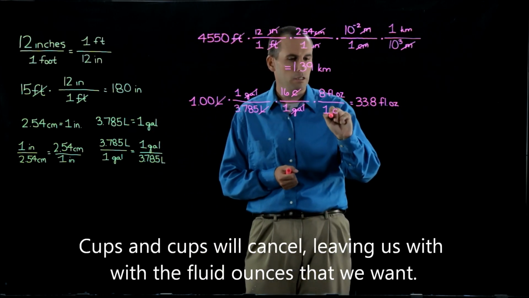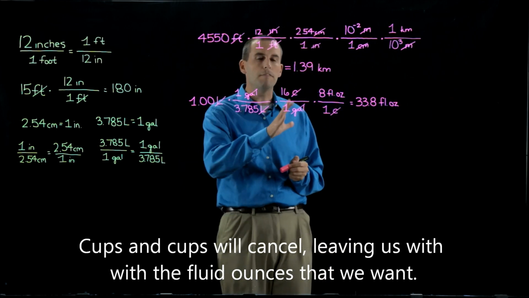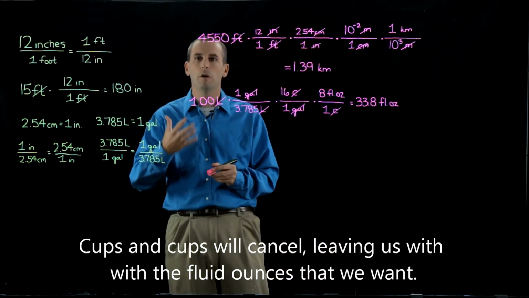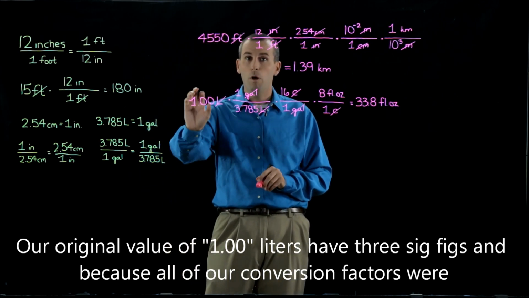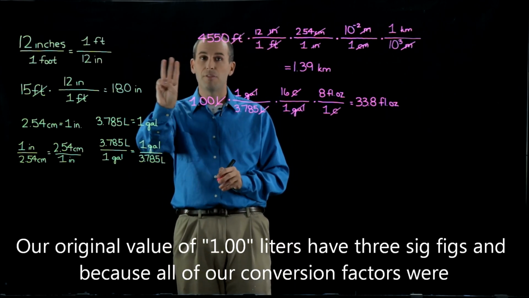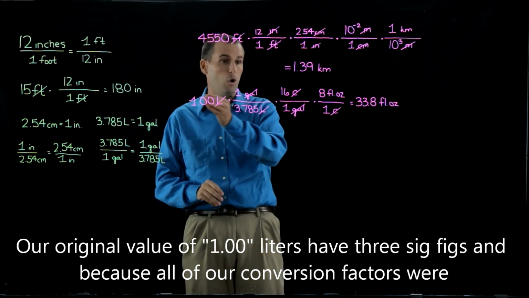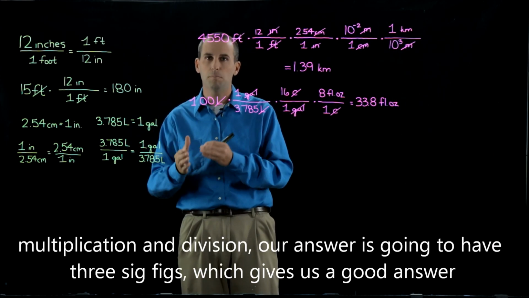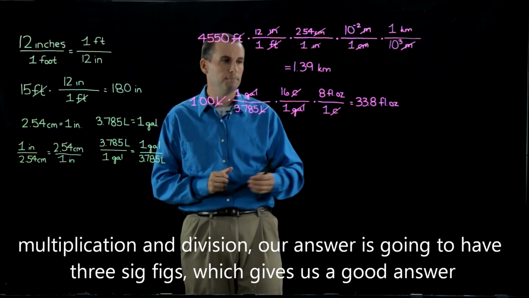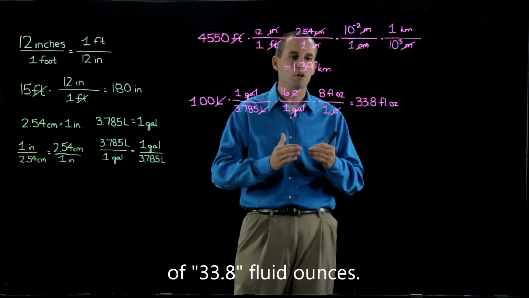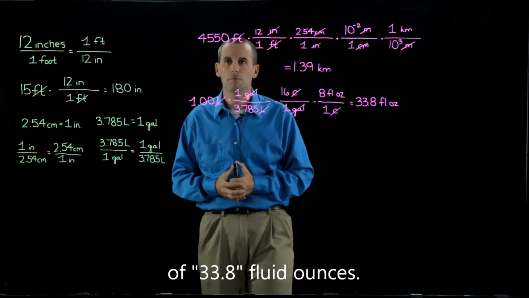Cups and cups will cancel, leaving us with the fluid ounces that we want. Our original value of 1.00 liters had 3 sig figs. And because all of our conversion factors were multiplication and division, our answer is going to have 3 sig figs, which gives us a good answer of 33.8 fluid ounces.